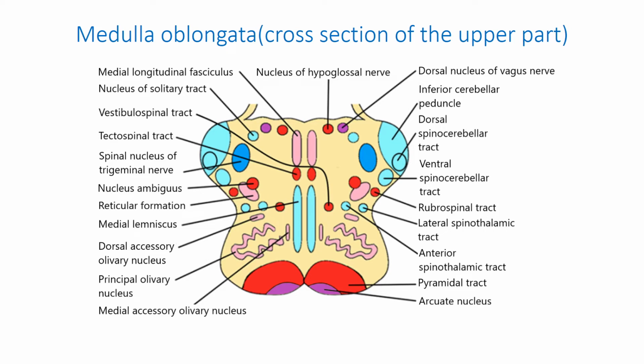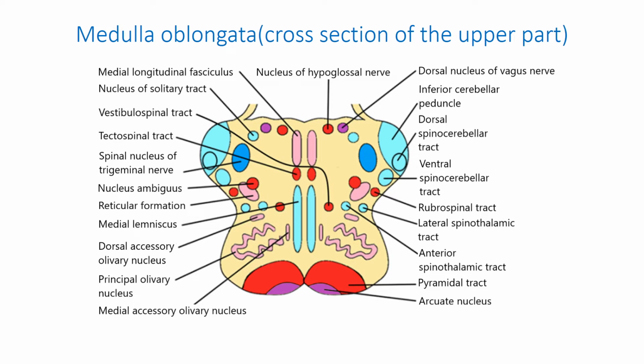Another prominent structure at this level is the inferior olivary complex consisting of the principal olivary nucleus, medial and dorsal accessory olivary nuclei.